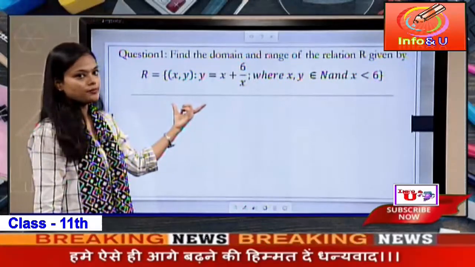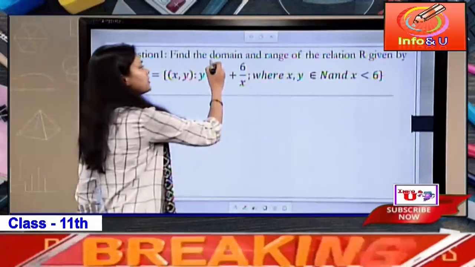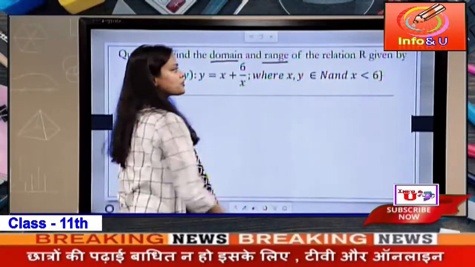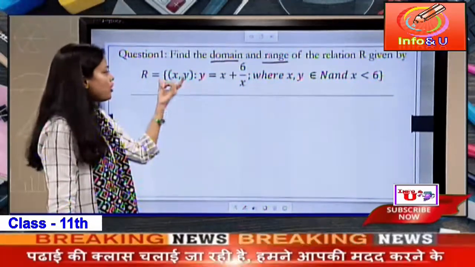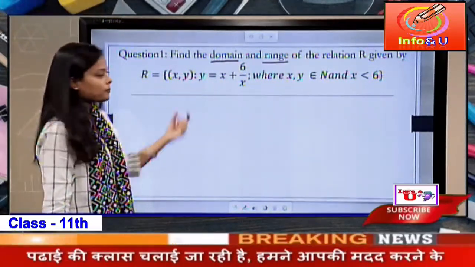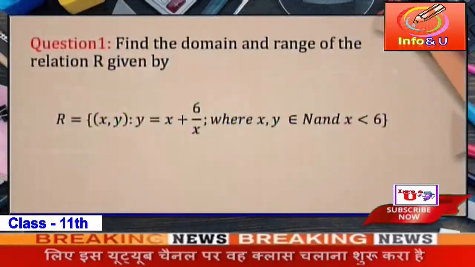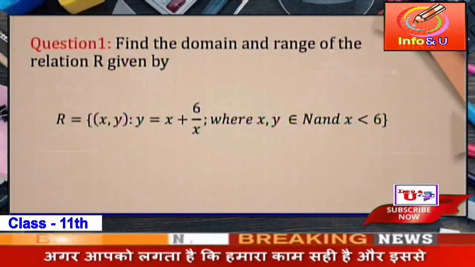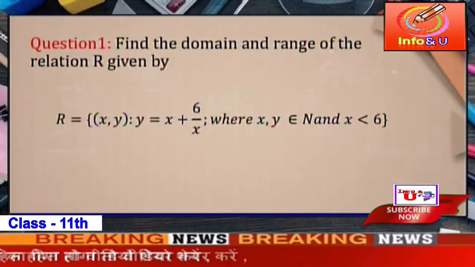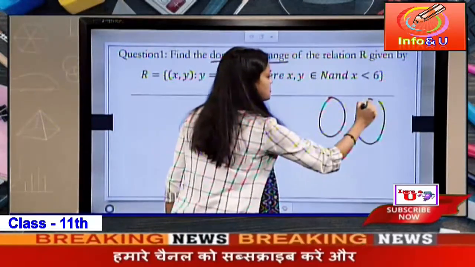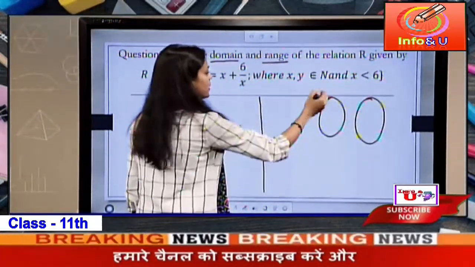This is a question in which we have to find the domain and range of this relation. See it, very important. Firstly, let us make an arrow diagram of it.